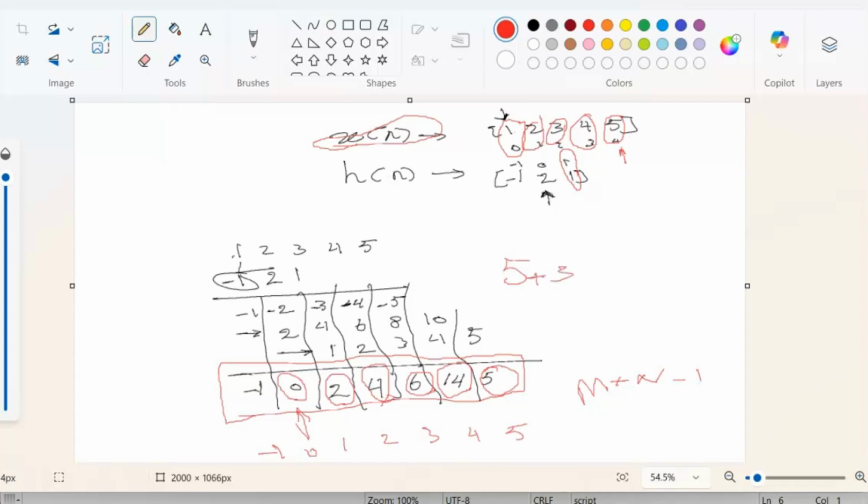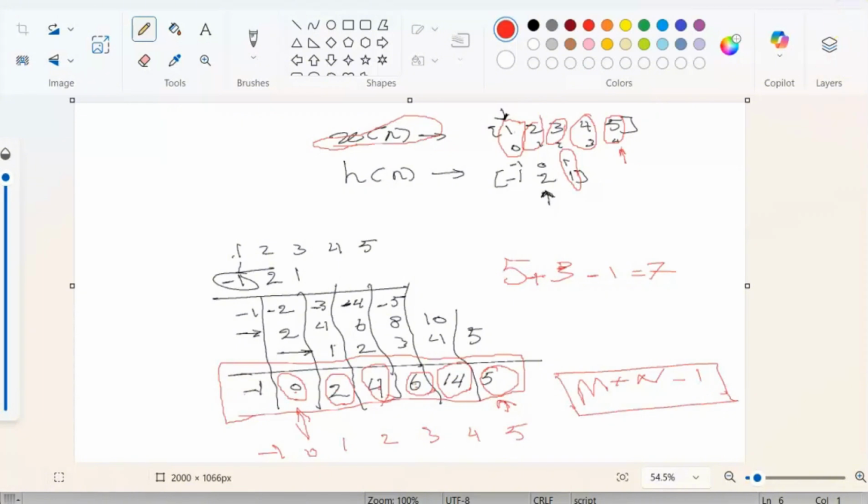So here we have 5 plus 3 minus 1, which equals 7. If you count here, 1, 2, 3, 4, 5, 6, 7, we have 7 samples in our convolution. This is a very important point for calculating convolution: M plus N minus 1.